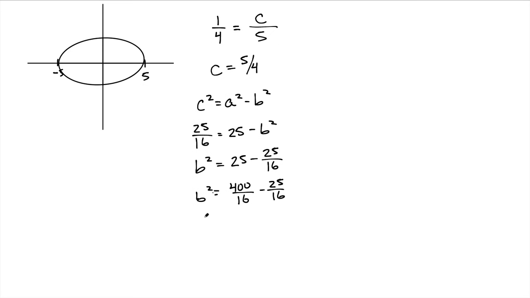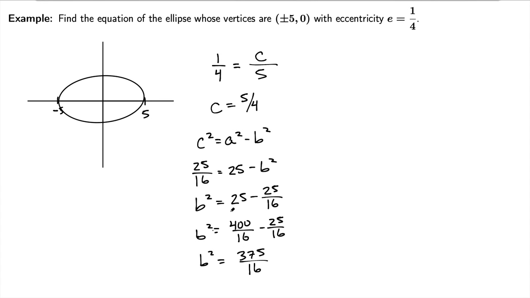So that's 375 over 16 for B squared. That's all I actually need for my equation, because the equation has B squared in it. The equation of our ellipse, our center is 0, so we've got x squared over 5 squared, which is 25, plus y squared over B squared, 375 over 16, equals 1.